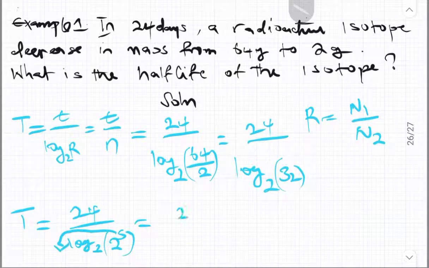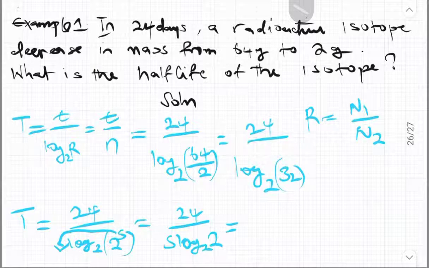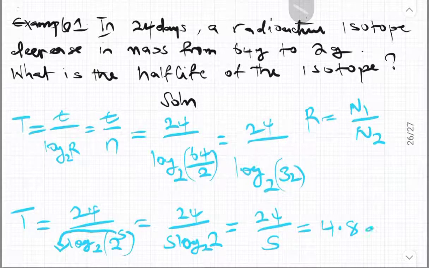So we have 24 over 5 log base 2 of 2. Now logarithm of 2 base 2 is 1, so we have 24 over 5 times 1, which is still 5. So 24 divided by 5 is 4.8 days as the half-life.